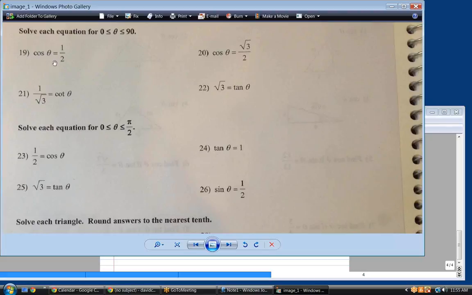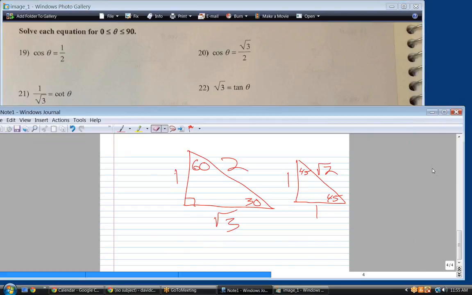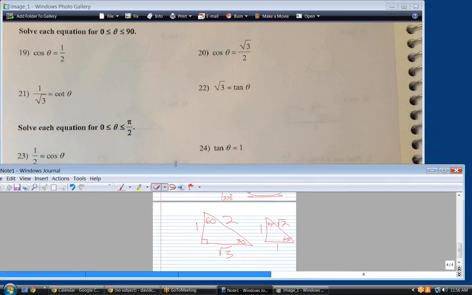This problem 19 is identical to 23. Okay. 25 is identical to 22. 24. Which angle has a tangent equal to 1? Is it 45? Uh-huh.